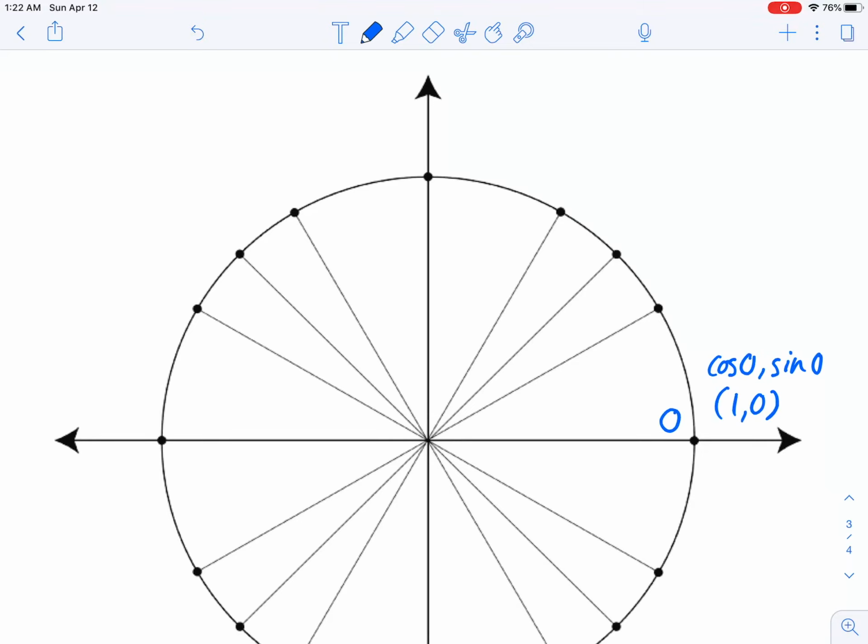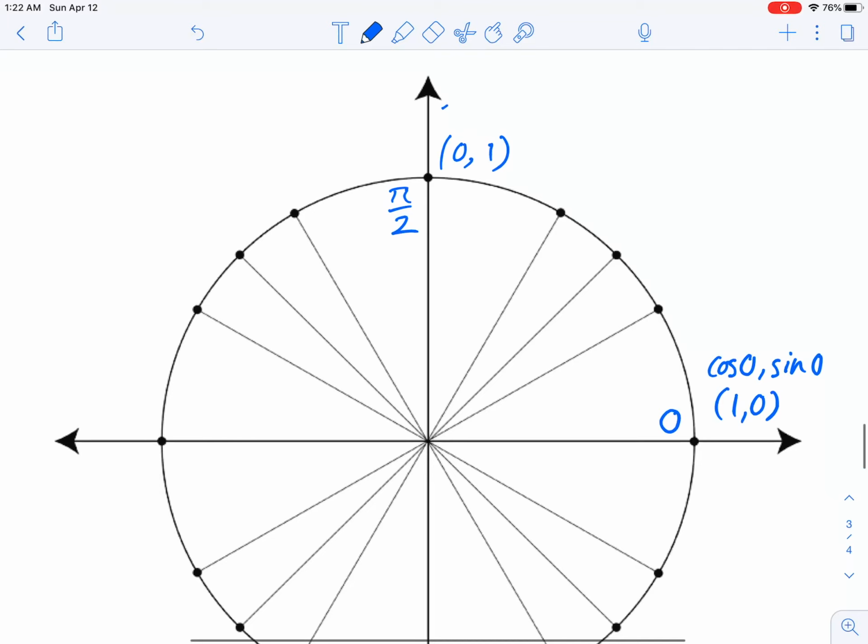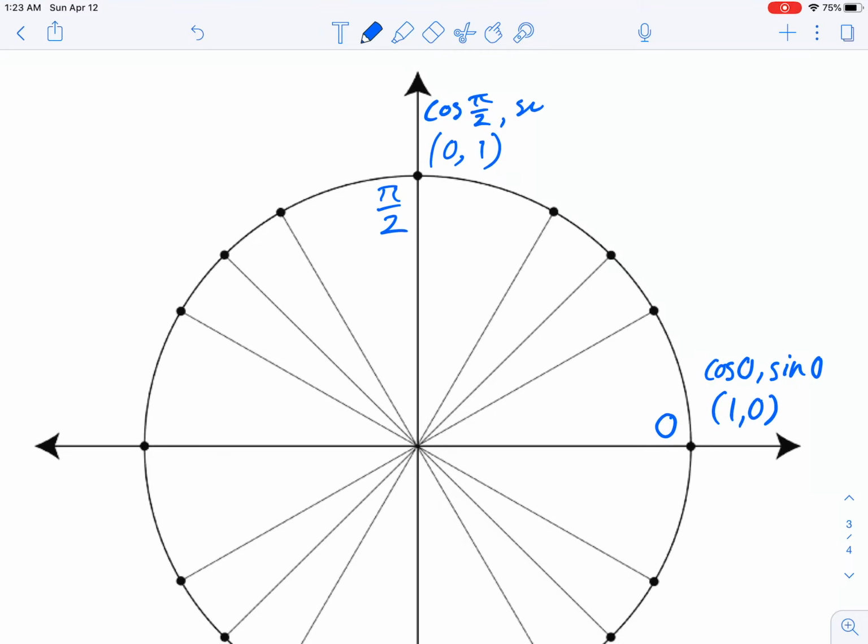We just said that 90 degrees was pi over 2. We already did that conversion. So let's go ahead and say pi over 2. And the point will be 0, 1, which we know by good common sense because it's a unit circle. And so what this tells us is that the cosine of pi over 2 is 0, and the sine of pi over 2 is 1.